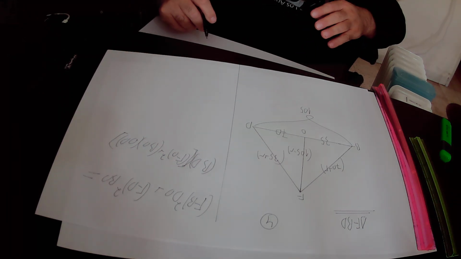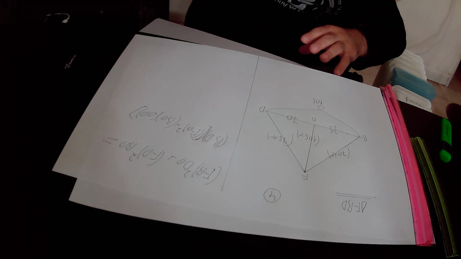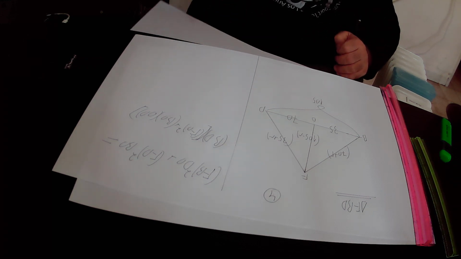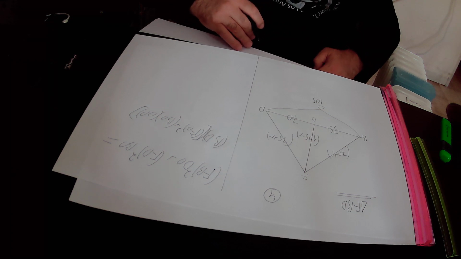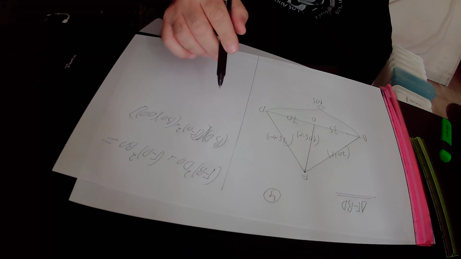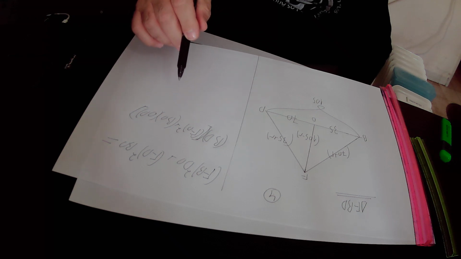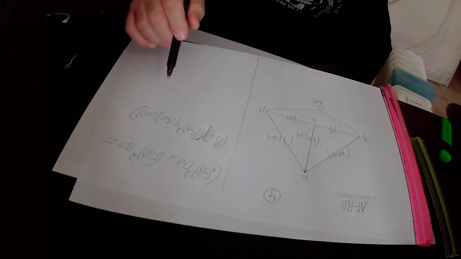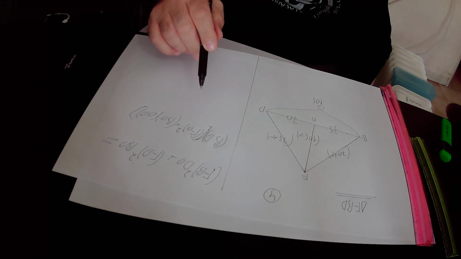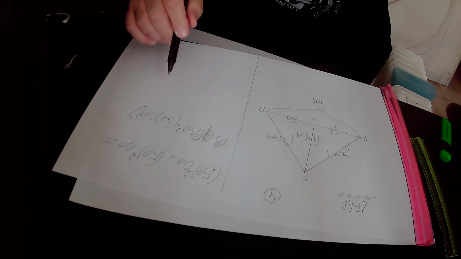Repeat again, this equation is the implementation of Stewart's theorem in our triangle FBD. According to Stewart's theorem, in this triangle FBD, FB squared times DO plus FD squared times BO equals BD, inside the brackets FO squared plus BO times OD.